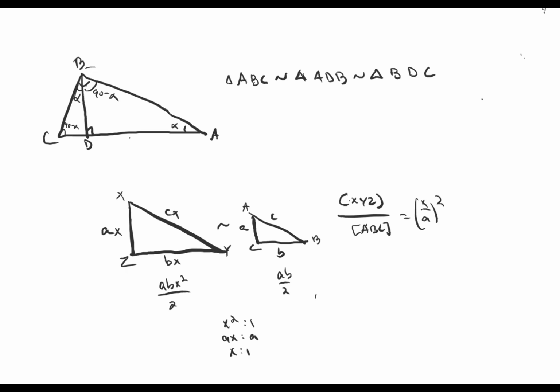So basically this is XZ to AC, and this part is the area of XYZ to the area of ABC. Right? So we can just take this back, and instead of X over A, it will just be X over 1. Right?